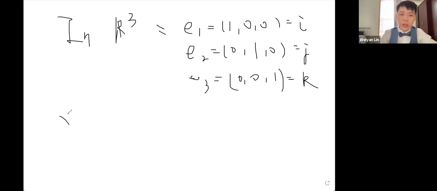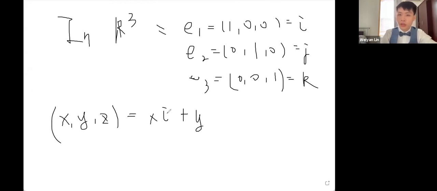If you have x, y, and z as a vector in R3, this x tells you the information in the I direction.